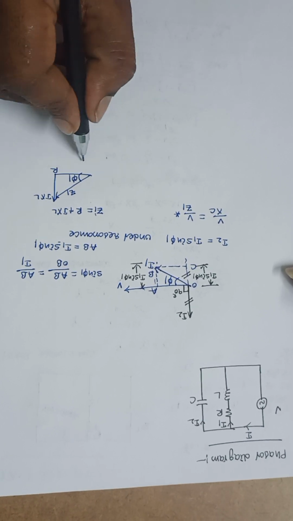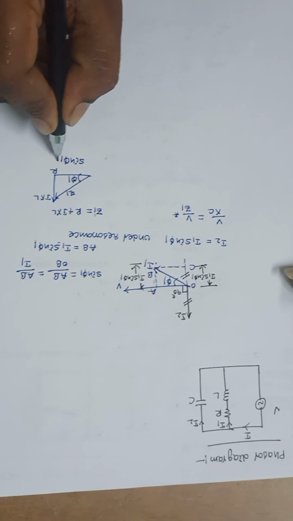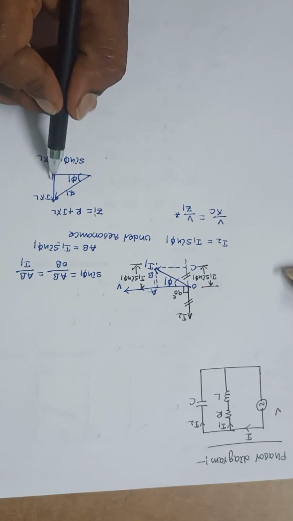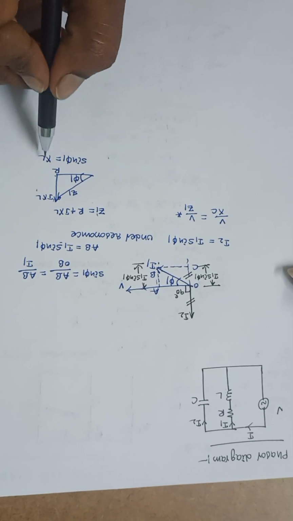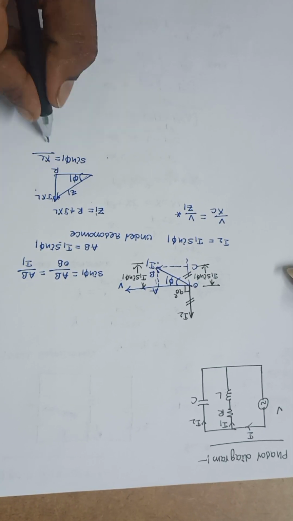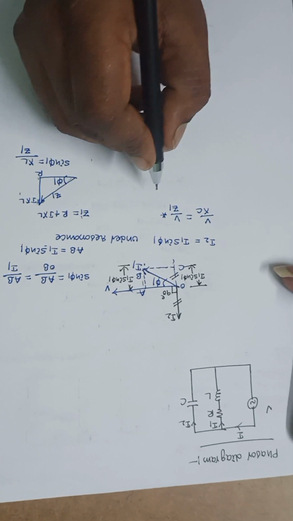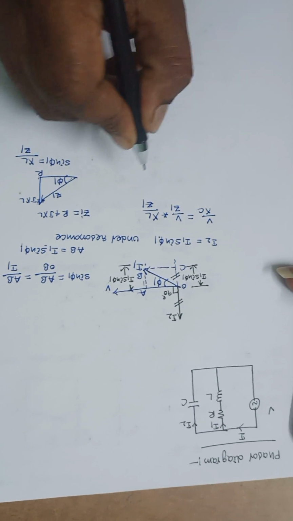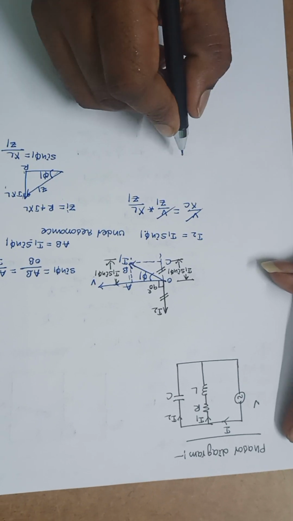Now for this, sin phi 1 is equal to, from this XL, if you consider the magnitude only, not the direction, it is XL. If you consider the direction also, j XL. So XL divided by this Z1. So you replace this sin phi 1 with XL divided by Z1. So this V and this V will get cancelled here.